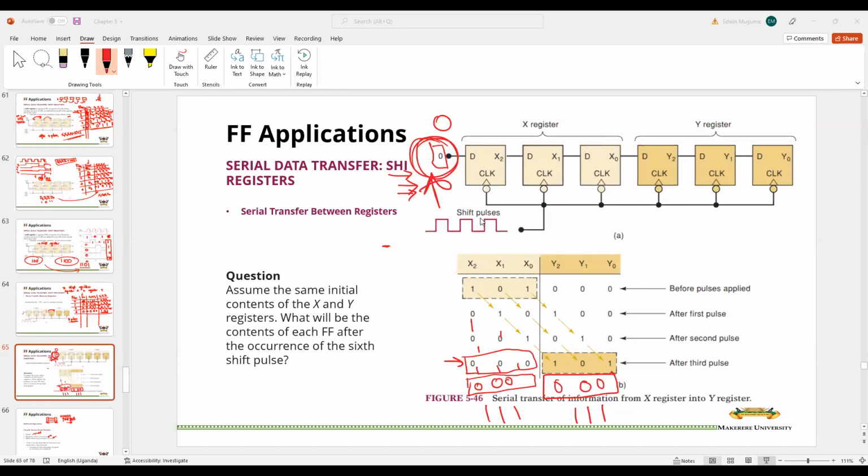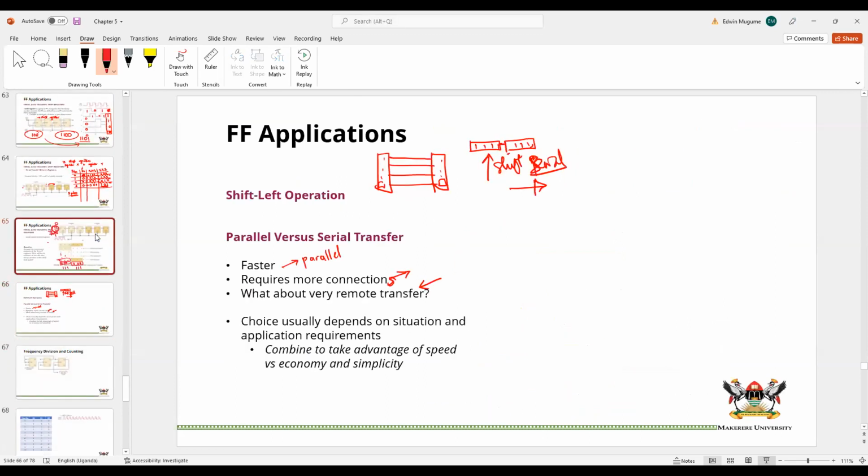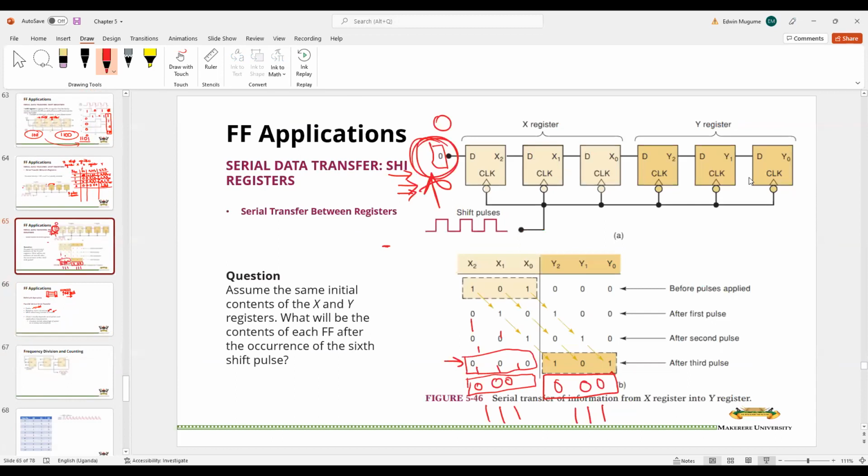So now, where is it shifting to? You mean the 101, where is it going? Remember that even Y had information, it was 0, 0, 0. So every time we were shifting, these zeros were getting discarded. Remember when I was saying discarded? In general, because our network stops here, we just say it is pushed out. It just gets lost. But in reality, usually that information goes into some other part of the circuit.